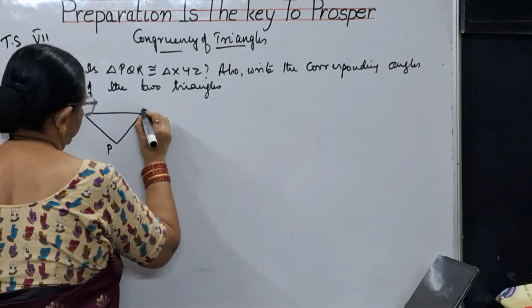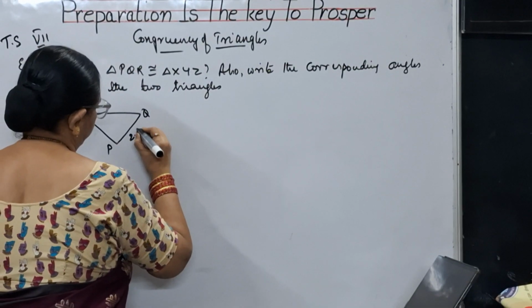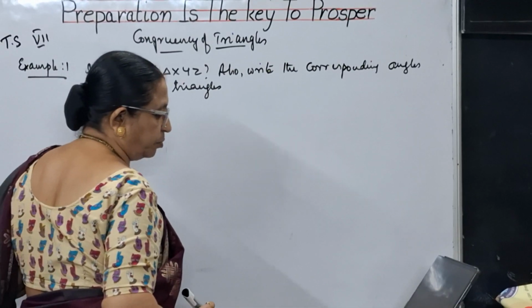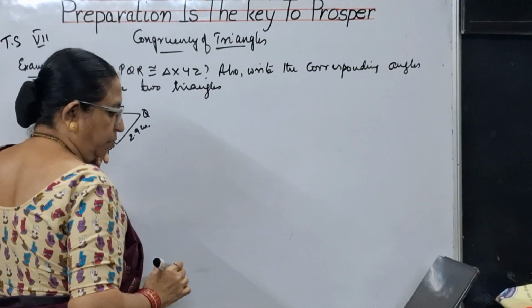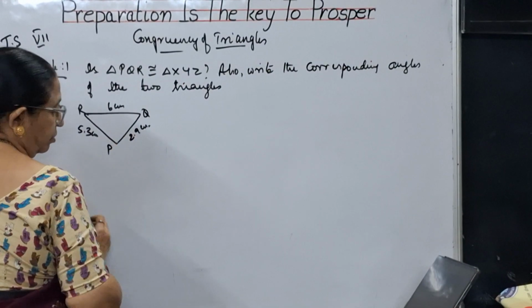This is PQR and PQ is 2.9 centimeters. RQ is 6 centimeters and RP is 5.3 centimeters.